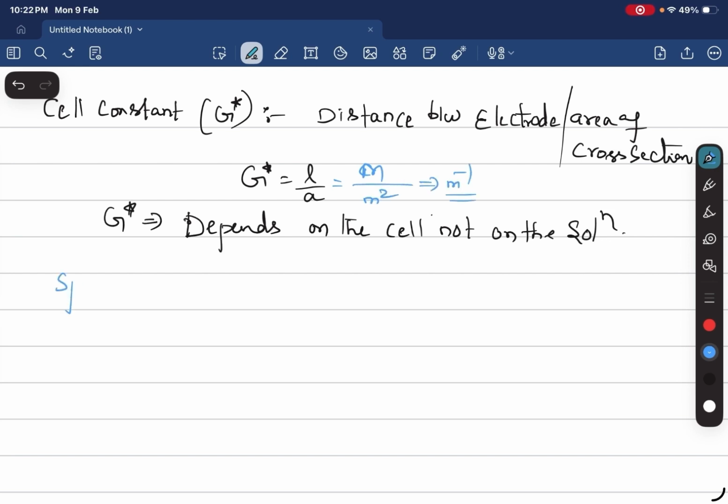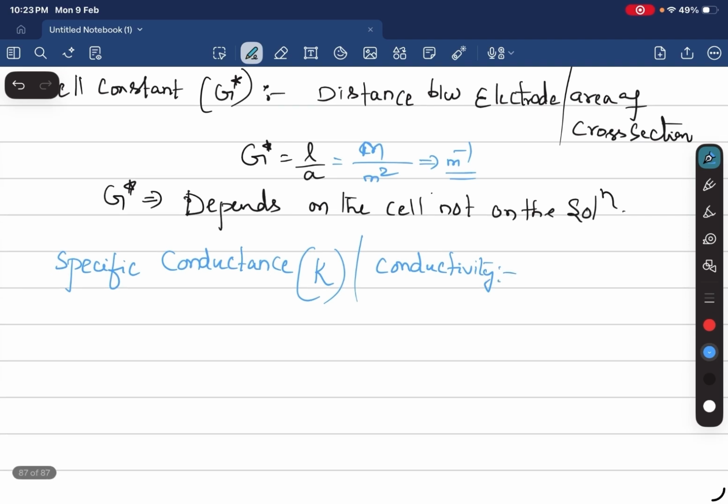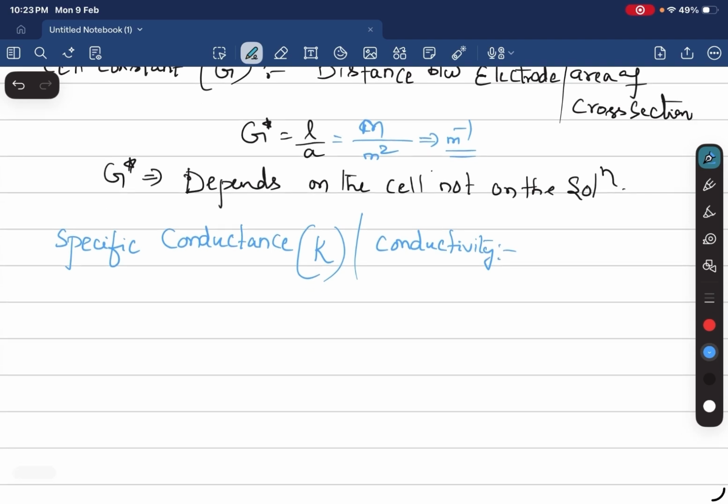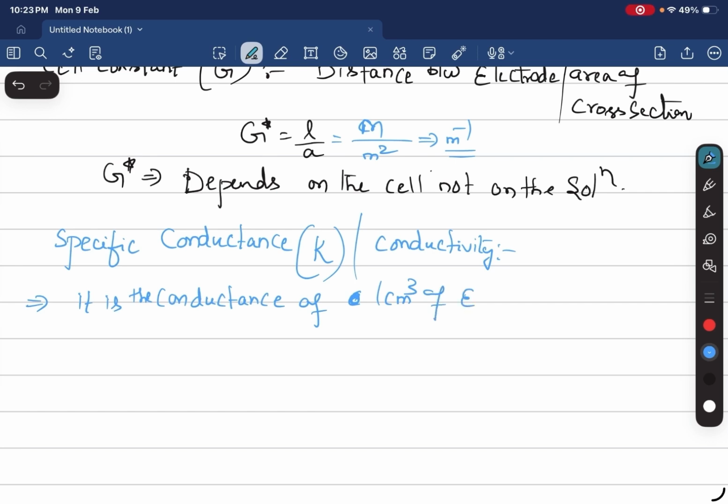Coming to next, specific conductance, which can be written as kappa, also called conductivity. This can be defined as the conductance of one centimeter cube of electrolytic solution.